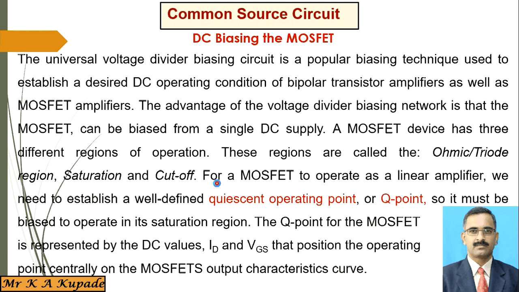So for a MOSFET to operate as a linear amplifier, we need to establish a well-defined quiescent operating point, or Q point. So it must be biased to operate in its saturation region. Whenever you consider this voltage divider, it gives one constant voltage.